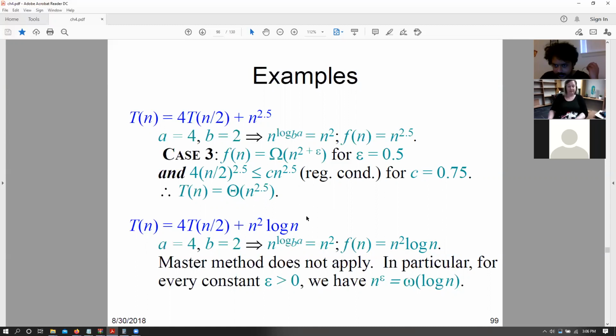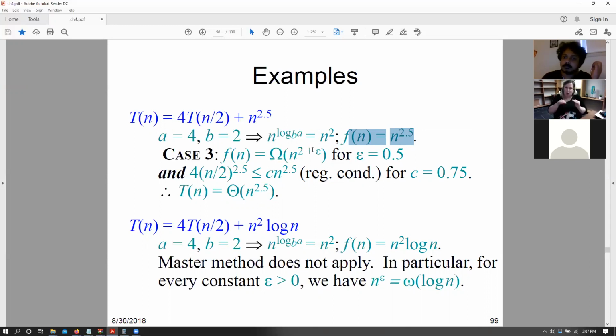Now, I guess somebody asked, yes, Brian asked if this was always an integer. So this is an example where epsilon is not an integer, but it is still greater than 0. So we have a equals 4 for this particular equation here, b equals 2, we have n to the log base b of a equals n squared, and f of n is n^2.5. If we add 0.5 to it, that gives you the lower bound, but the tight lower bound for this particular function.